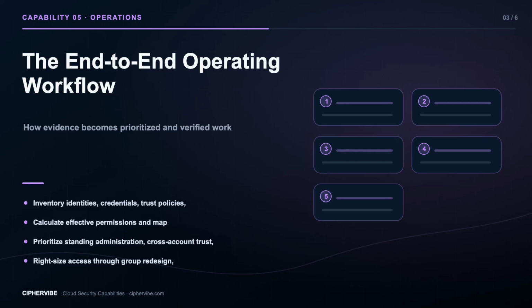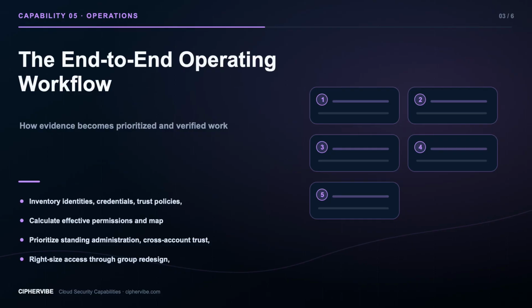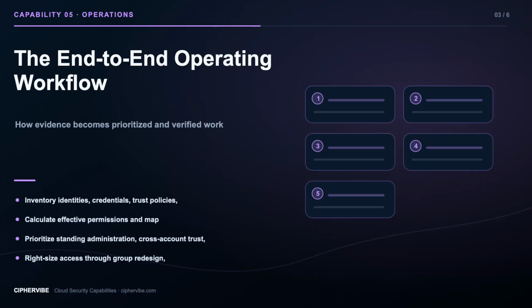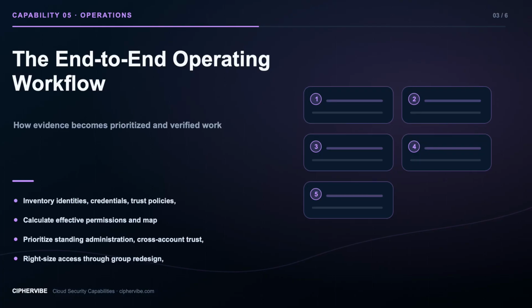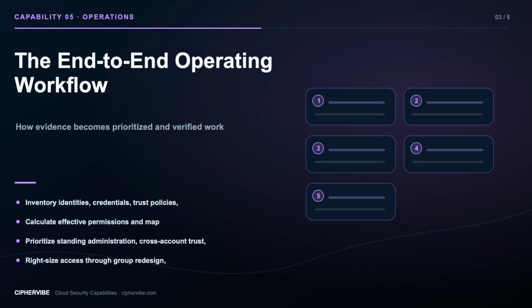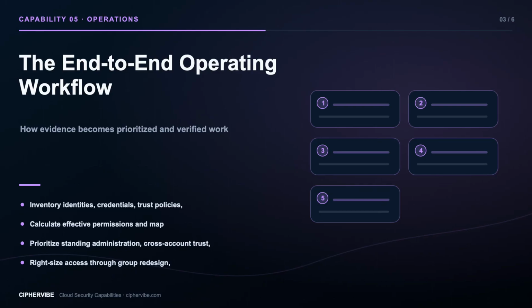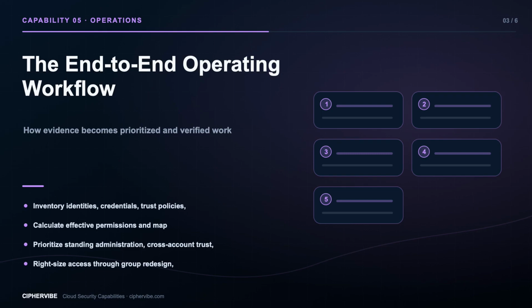Third, prioritize standing administration, cross-account trust, public principals, unused credentials, and escalation combinations. Fourth, right-size access through group redesign, scoped roles, conditions, just-in-time elevation, and workload identity federation. Fifth, verify that applications still function and monitor for privilege re-expansion through templates or emergency changes.